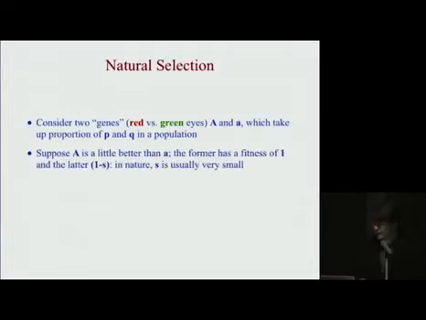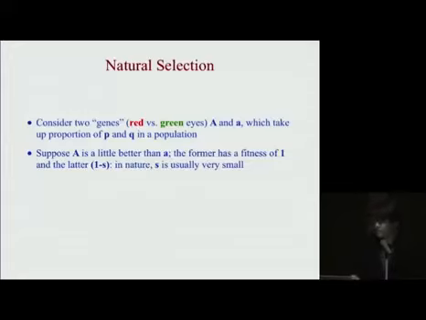Okay, and let's say it has a fitness of 1, or 1 minus S, by which I mean, in nature, the fitness differential is usually very small, but this is something you can do in a lab. You can blast them with a gamma ray and measure the body counts afterwards, or you can go out in a natural environment and count the frequencies of those variants after a drought or after rain and so on. So that's something you can quantify.